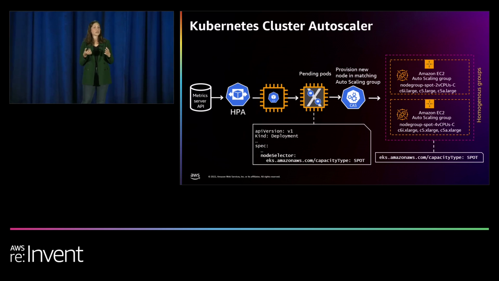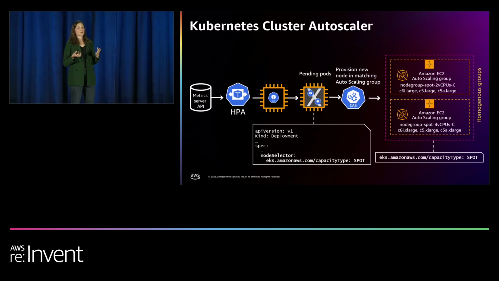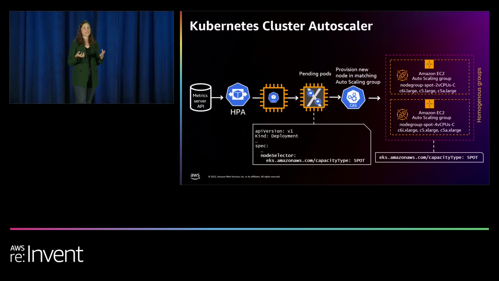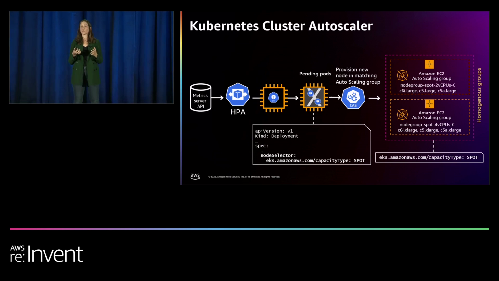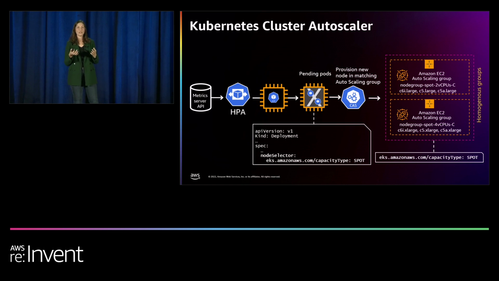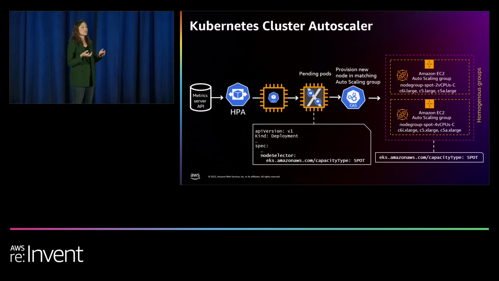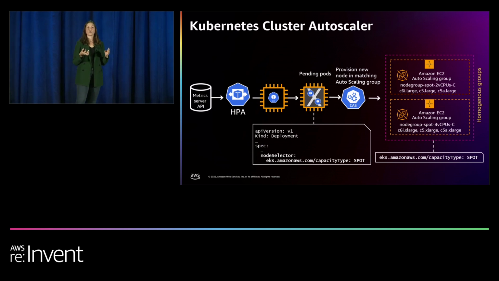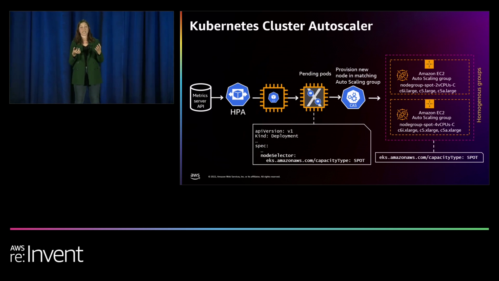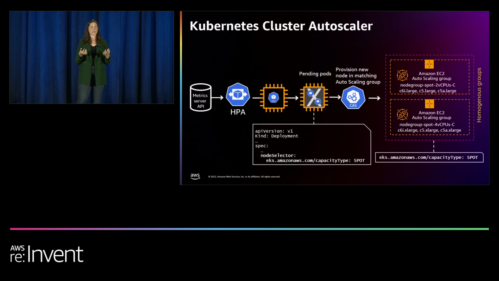And for each autoscaling group, it simulates the amount of resources that it will get. But it assumes that the amount of resources that each autoscaling group will provide would be the same. So that means you need to architect your autoscaling groups in a way that each autoscaling group has instances with the same size and the same labels and taints.